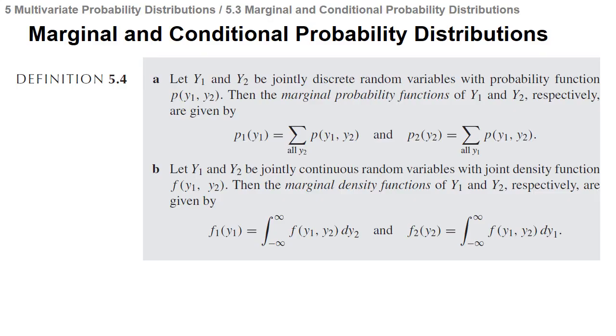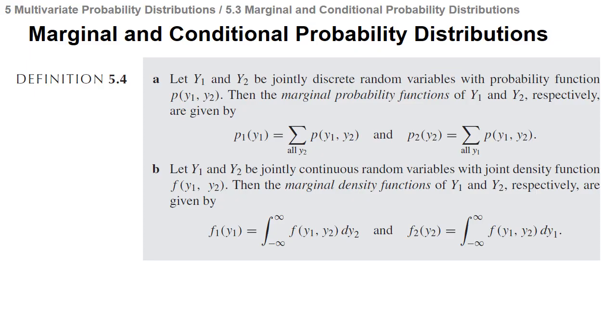Chapter 5.3 is about marginal and conditional probability distributions. Definition 5.4 describes the marginal distribution. Let Y1 and Y2 be jointly discrete random variables with probability function p(y1, y2).